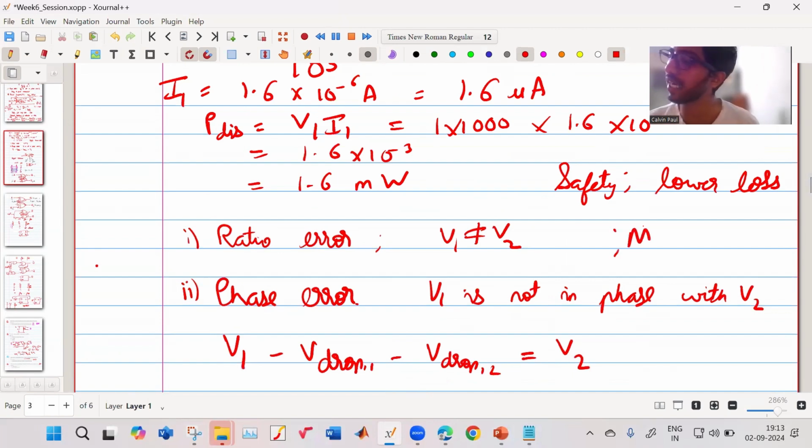So can the moving iron measure phase? Can a moving iron voltmeter measure the phase? What does a moving iron give?